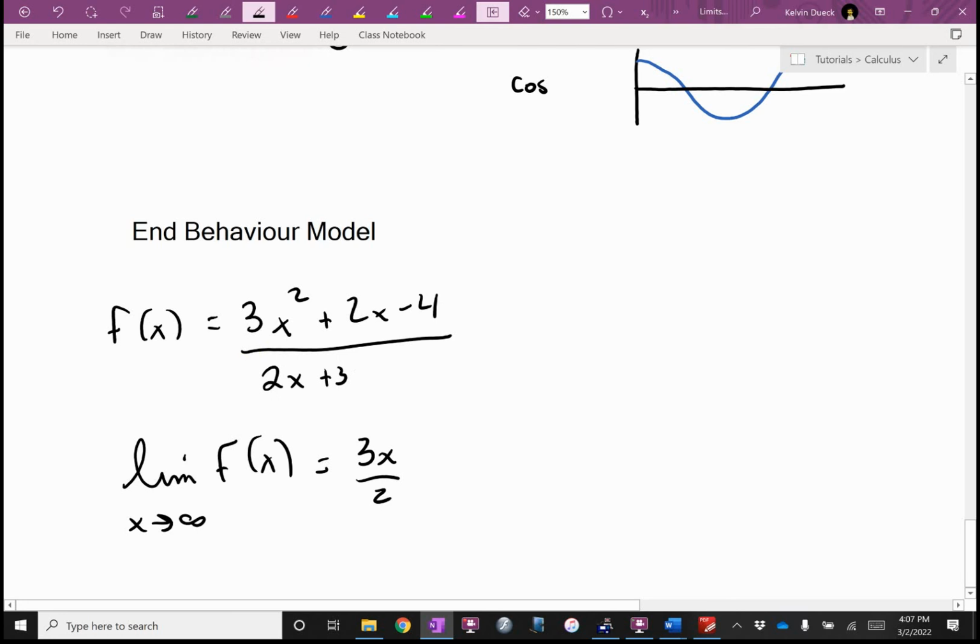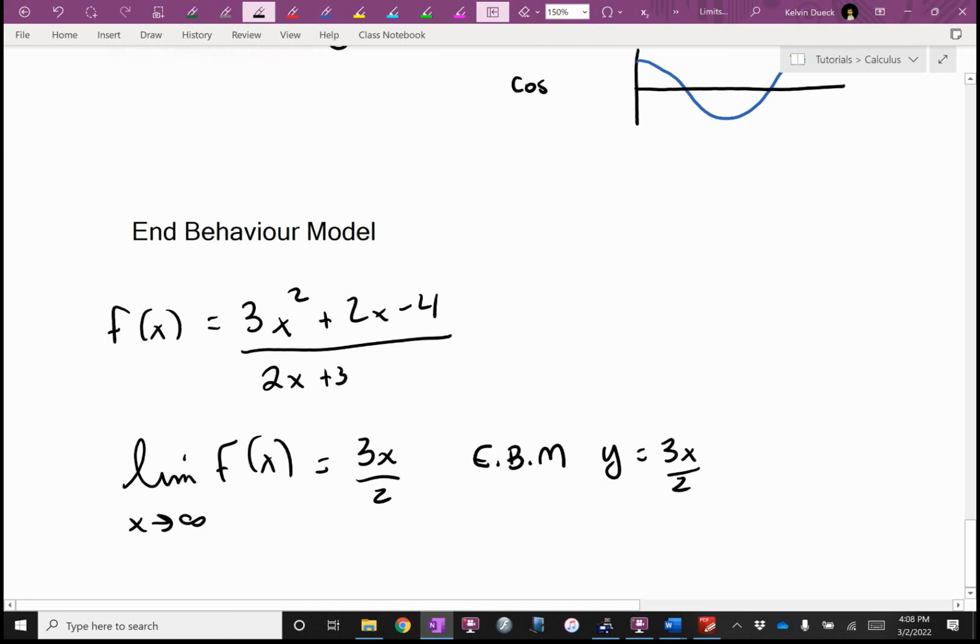As this graph gets bigger and bigger to the right, its end behavior model is going to be really similar to that. What's that a graph of? A line. Slope of? It's going to behave like y equals 3 over 2. It's going to eventually be going up 3 over 2, up 3 over 2. In the middle, there's probably all sorts of funky stuff going on.